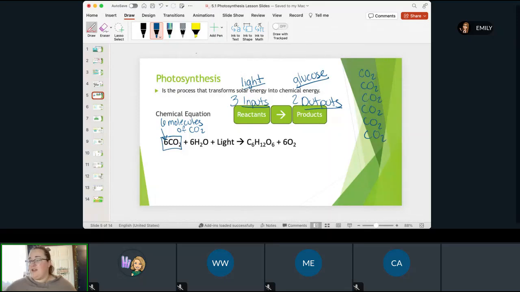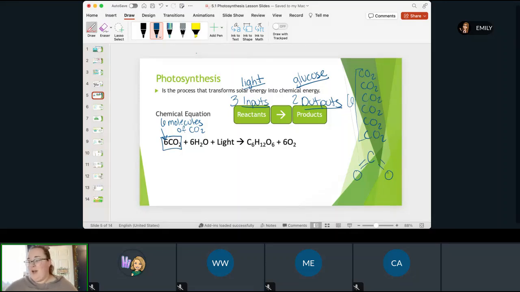Okay, so there are 6 of these. That is this big number out front. This little 2 down here next to the O tells me that each of these has 2 oxygens. So it's like a carbon and 2 different oxygens. Okay, so that's what the 2 means.